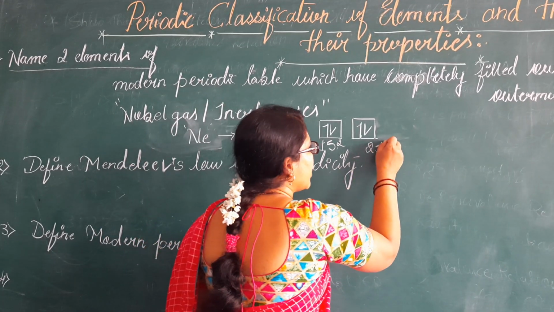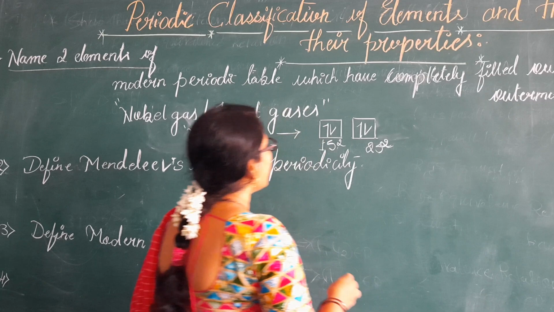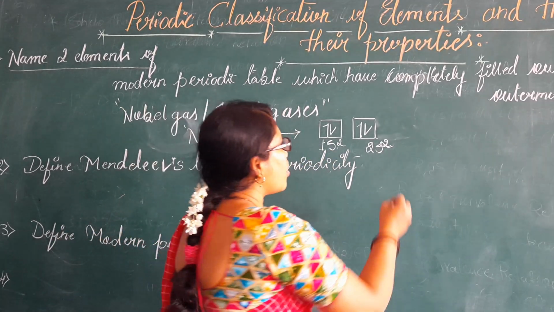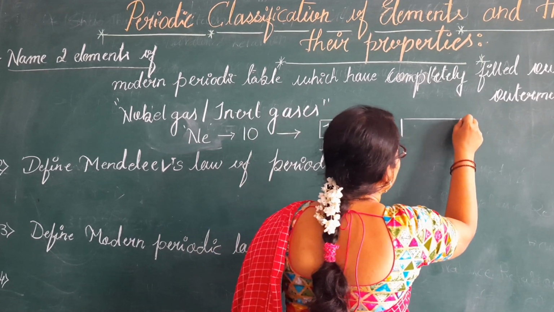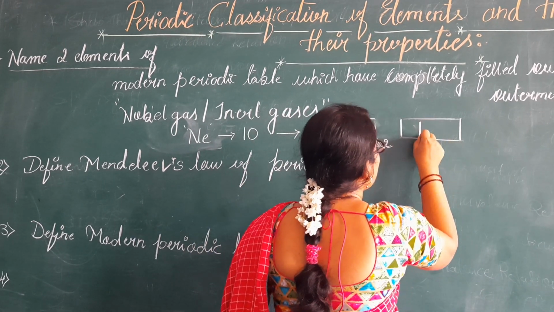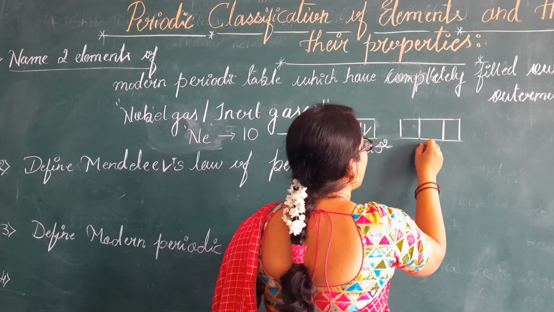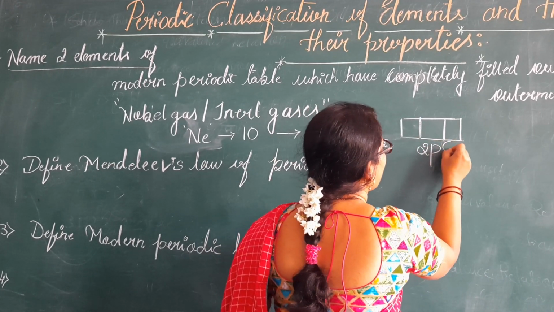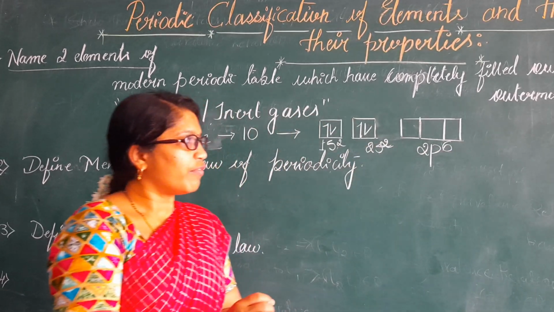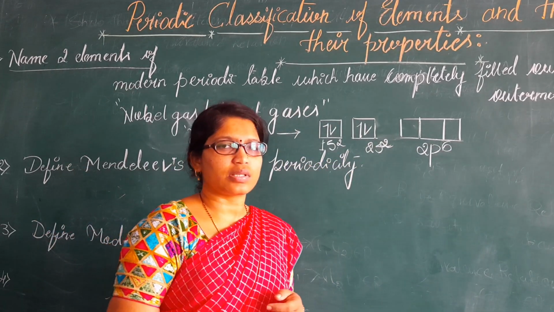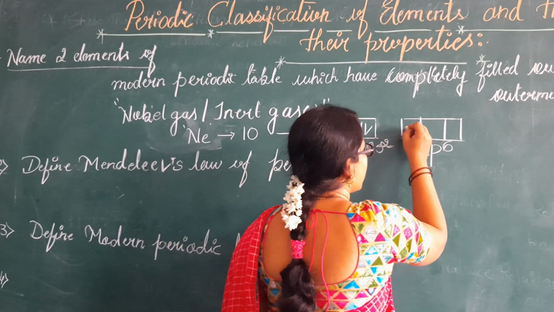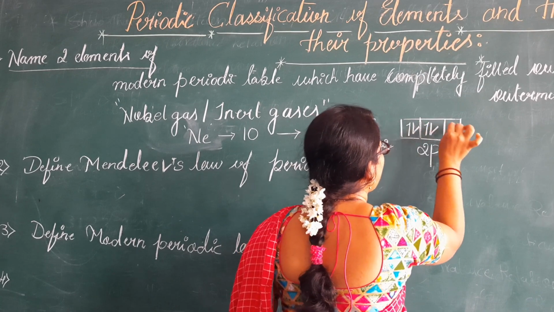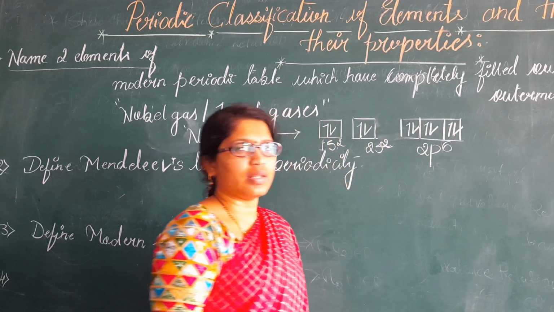In total, 4 electrons are completed. Still, how many left? 10 minus 4, 6 electrons left. So all those 6 electrons can be written in the P subshell, and the configuration will be 1s2, 2s2, it will become 2p6. If you are filling all the rest 6 electrons in P subshell, it would be 1, 2, 3, 4, 5, 6. It will be written in this fashion.